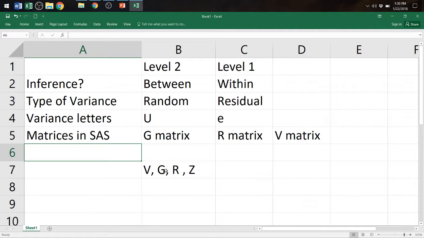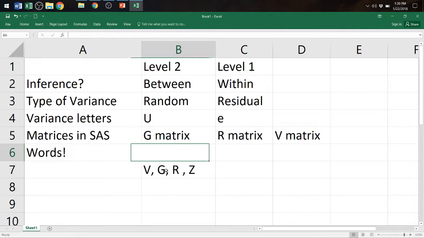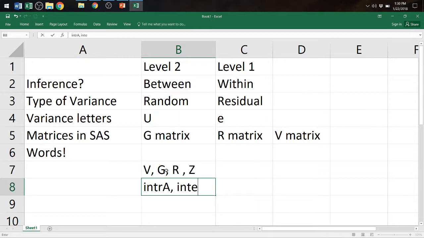Let's see, what am I missing here in my thing? Oh, words. There. So if I'm talking to somebody who's not like, oh, G matrix, yeah. What are the words that I put in here? What kind of differences or variation are we talking about here? Those are the words, inter and intra, which is which? Intra, inter.